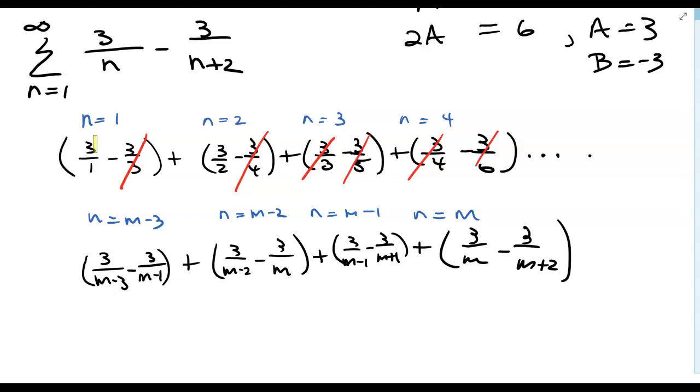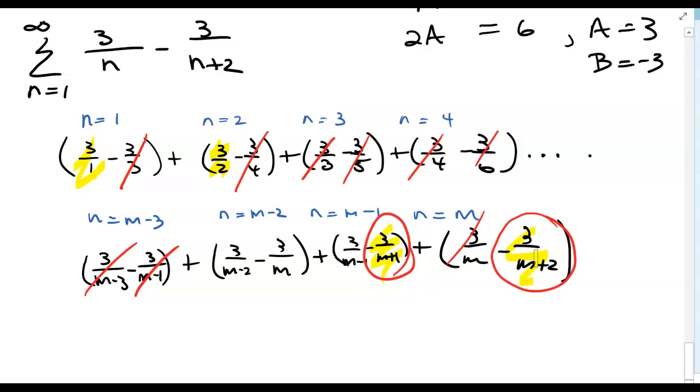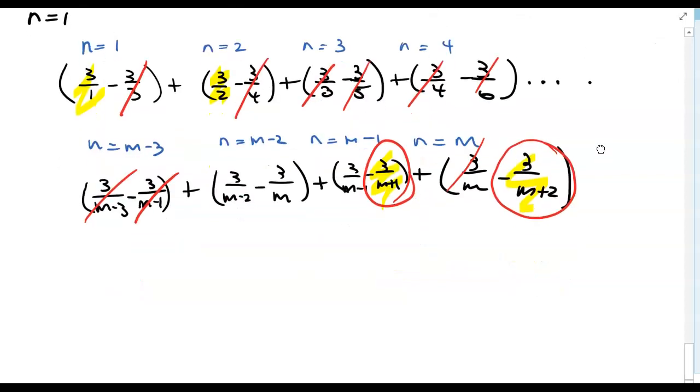What do we have left in the beginning? These two. Okay. What cancels here? Same idea. You're always going to have this term, right? And because that one's gone, you're going to have this one. I'll put them in yellow. So write out what you have left.